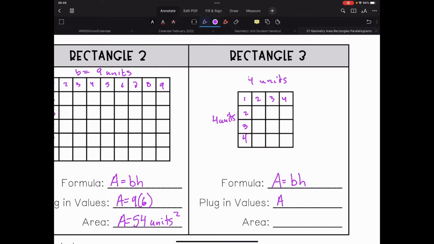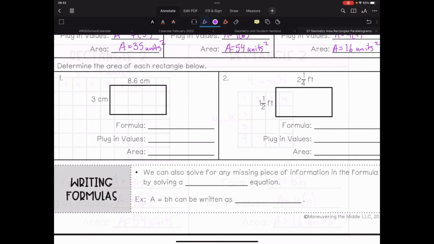So if we plug in the values, again, it's going to be 4 times 4. So 4 squared is 16 units squared. Pretty easy. So let's go ahead and look at some examples now where we don't have the square units in the diagram that we're looking at.